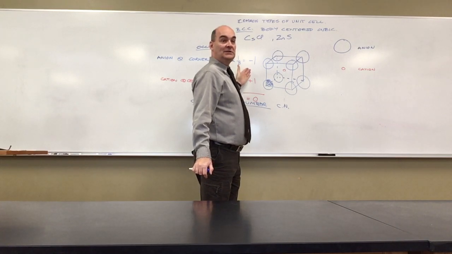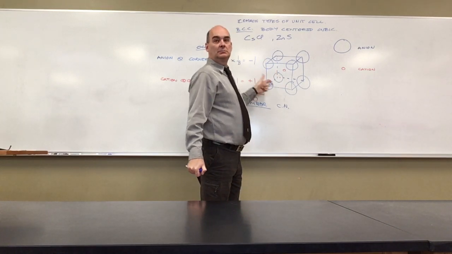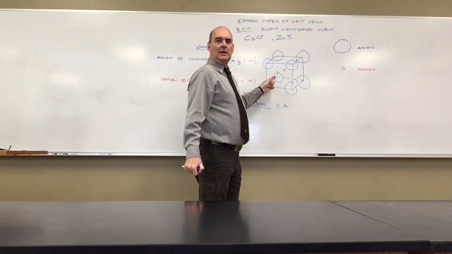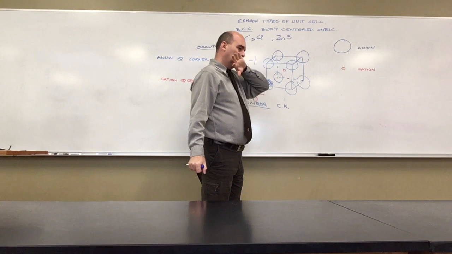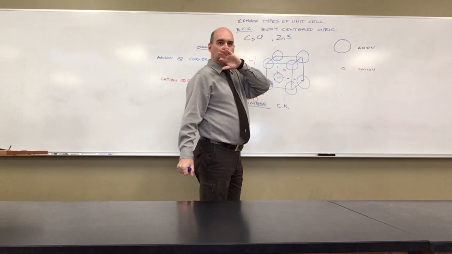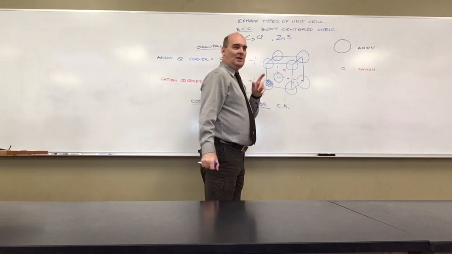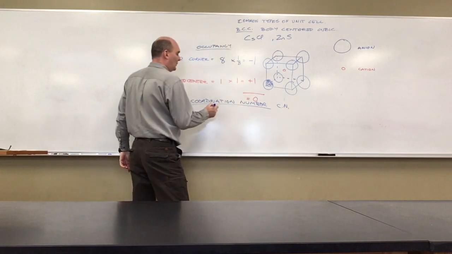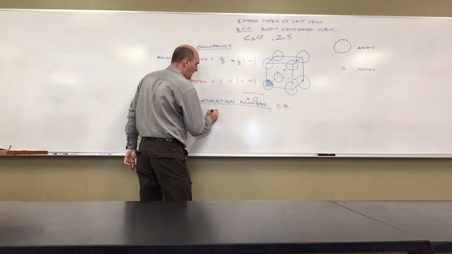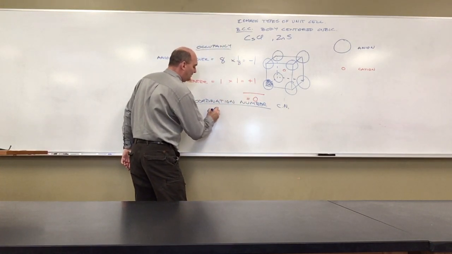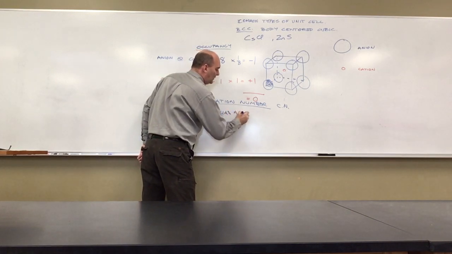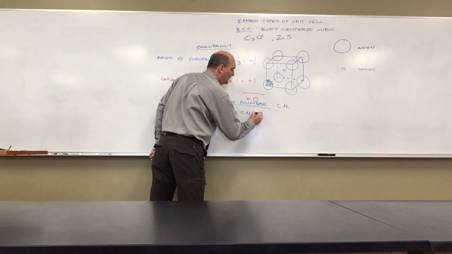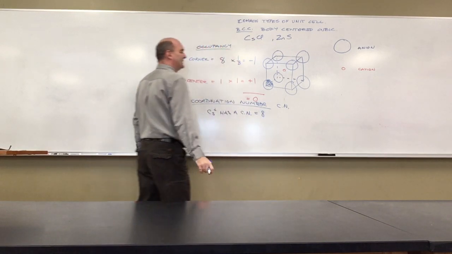The cube has 6 faces, 8 corners, 1 center. How many edges does it have? 12. So the cesium has a coordination number of 8.